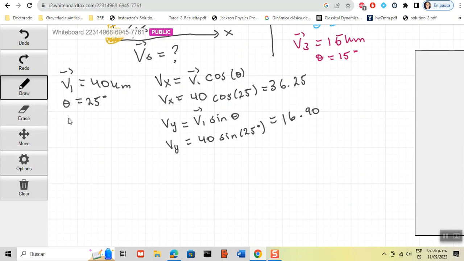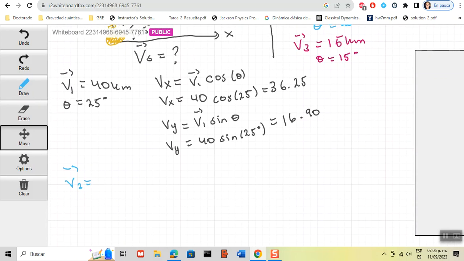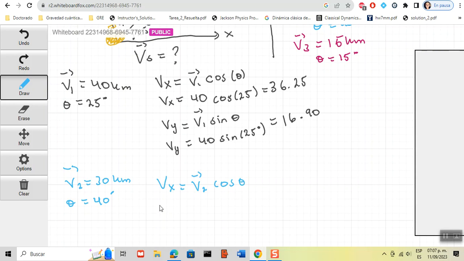And now we're going to do the same procedure, but for vector number 2. Vector number 2 has a length of, I don't remember, let me see, 30 kilometers, and it has an angle of, I don't remember, 40 degrees, right? So we're going to use the exact same procedure as we did in vector number 1. The component x is going to be equal to the length of vector 2 times the cosine of theta, and the component y is going to be equal to the length of the second vector times the sine of theta.